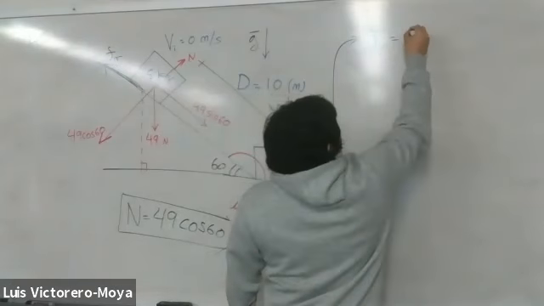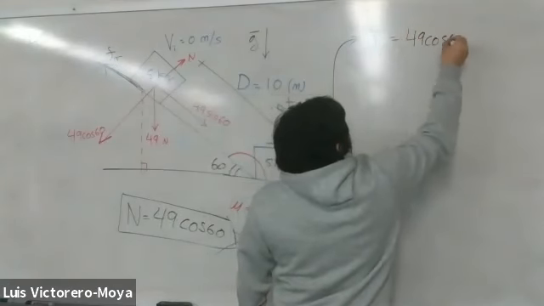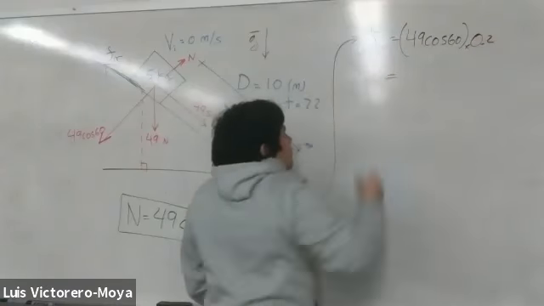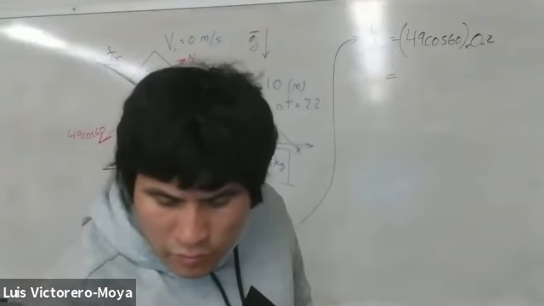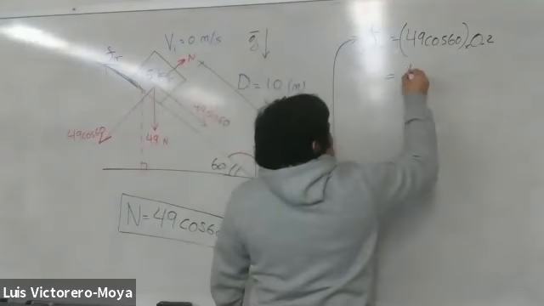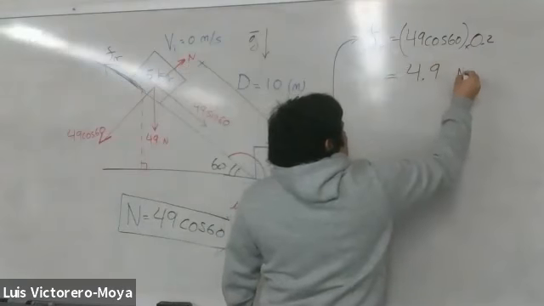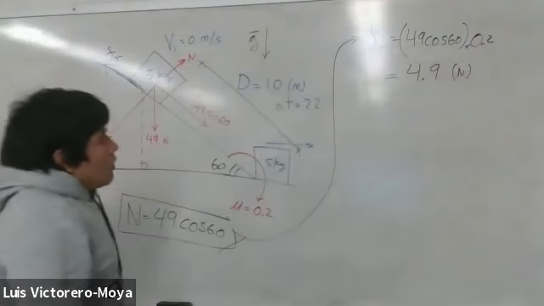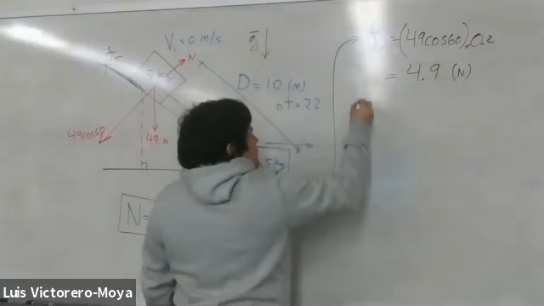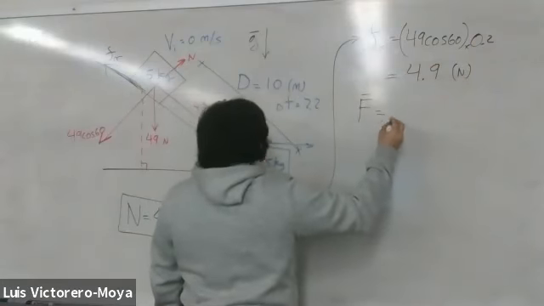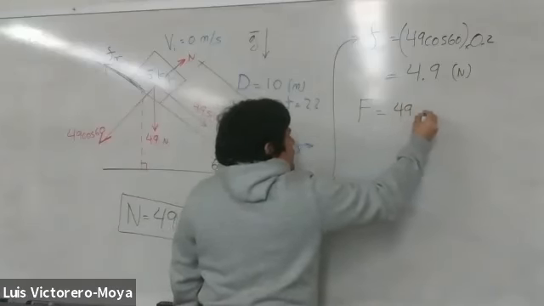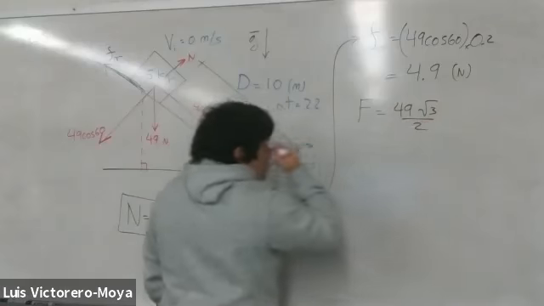My friction will be 49 cosine 60 times mu, which is 0.2. So that will be 49 divided by 2 times 0.2, 4.9. So not a lot, but still. And the force that is making it fall is a magnitude 49 sine 60, that's 49 root 3 divided by 2.